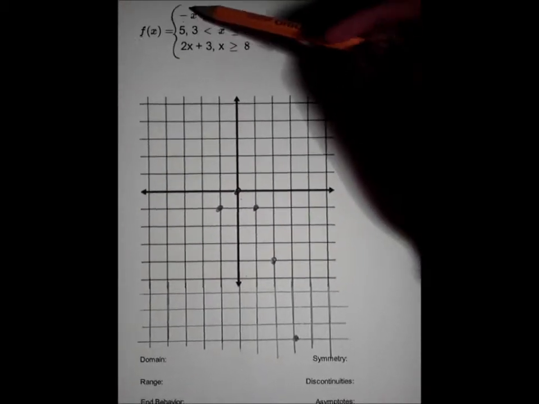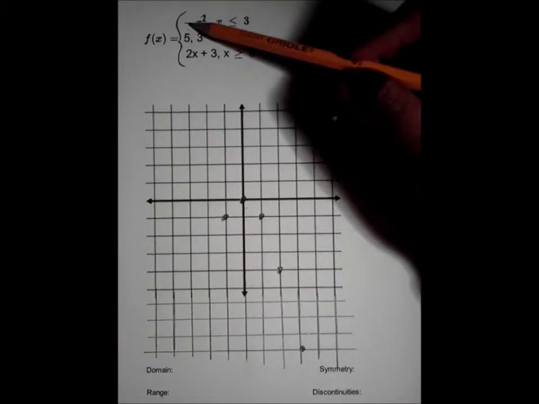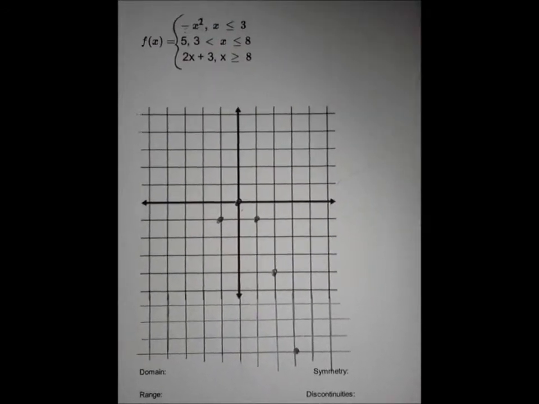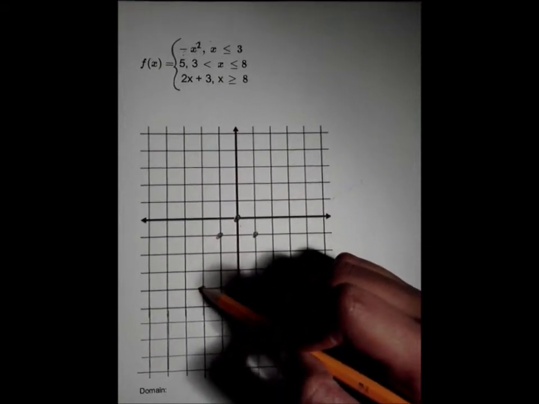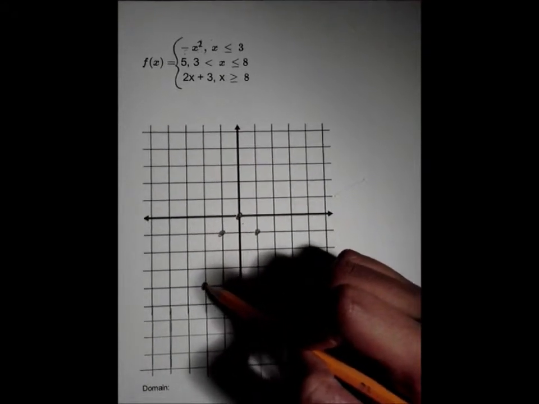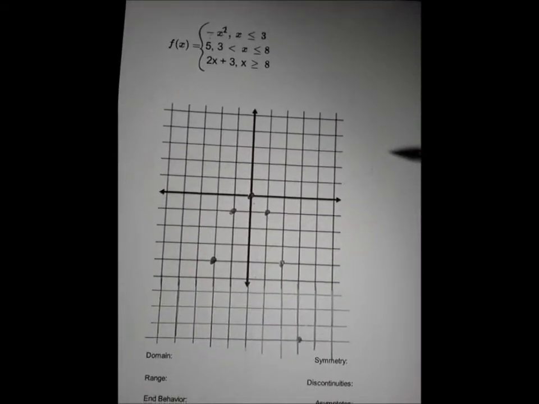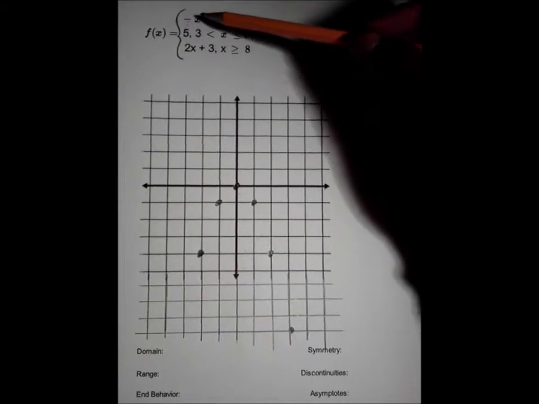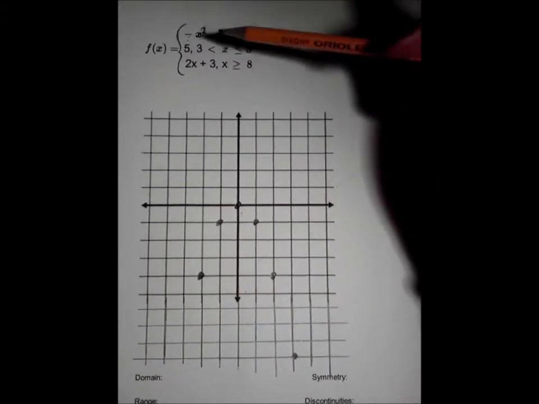At negative 2, you're going to do negative 2 squared, which is 4, with a negative, which will be negative 4. So at negative 2, you go down to negative 4. Next, you're going to go to negative 3. Negative 3 squared is 9.